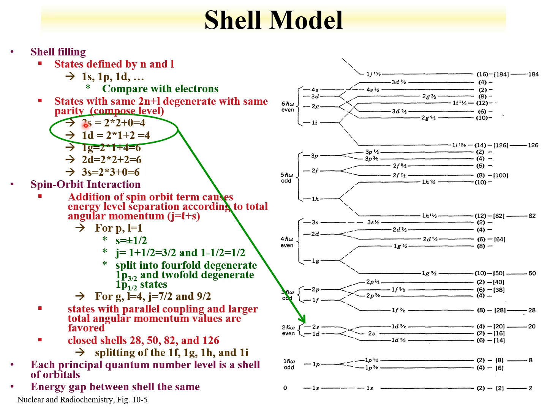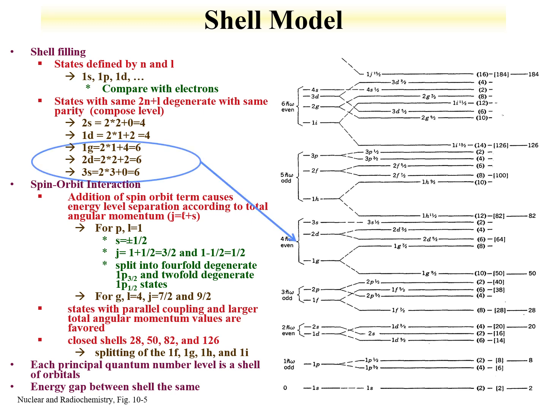Because the n number is 2, the l number is 0 from s. Where for a 1d state, the n is 1, the l is 2, where s, p, d, right? So 0, 1, 2, the d is 2. So that's 2 times 1 plus 2 is equal to 4. Those two states are degenerate.